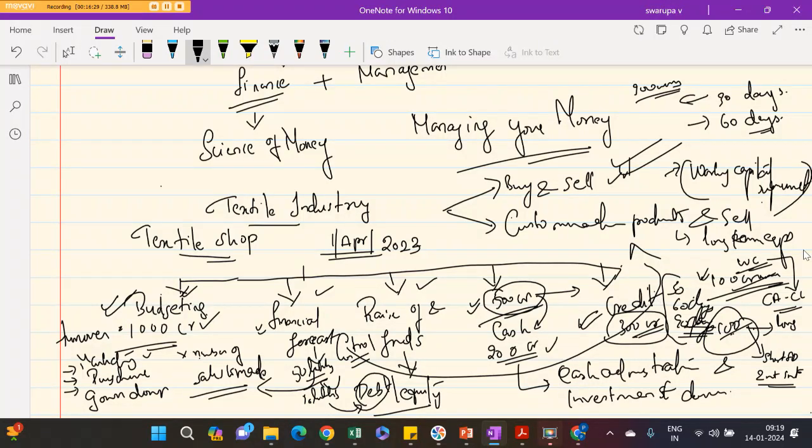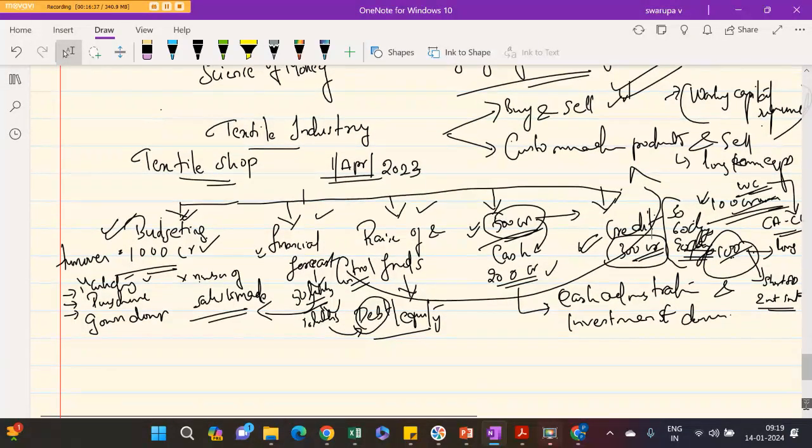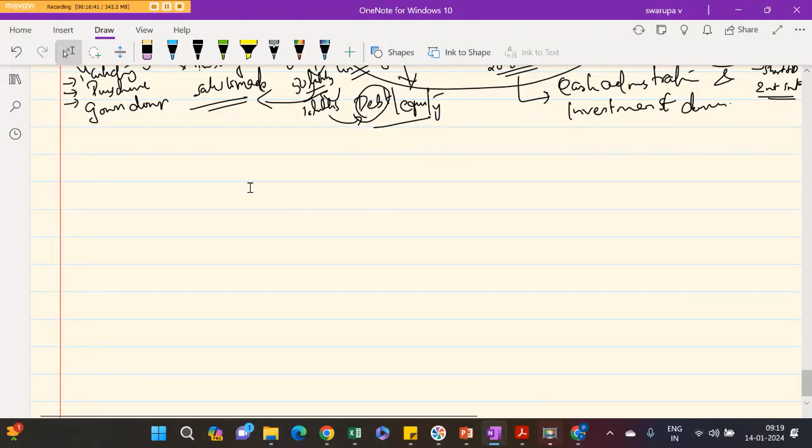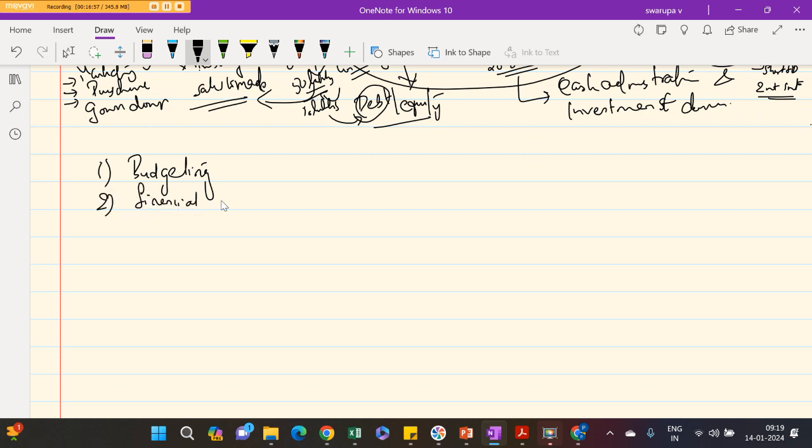So all of this are interrelated. I'll just write it a bit neatly for you. So we saw, first one was budgeting. The second one was financial forecasting.